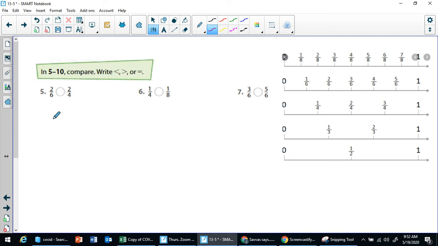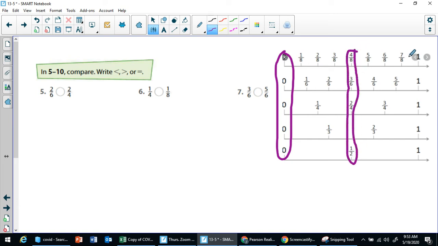So number 5 says 2/6 is blank to 2/4. So you guys are going to use your idea of these benchmark fractions. You're going to use your understanding of the 0, of the half, and of the whole to help you answer these.